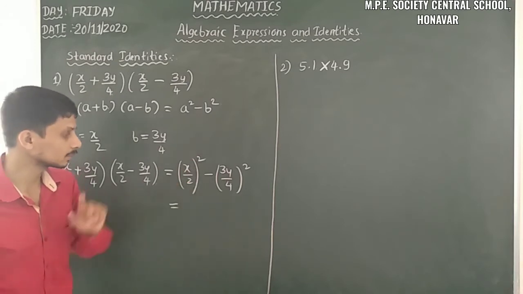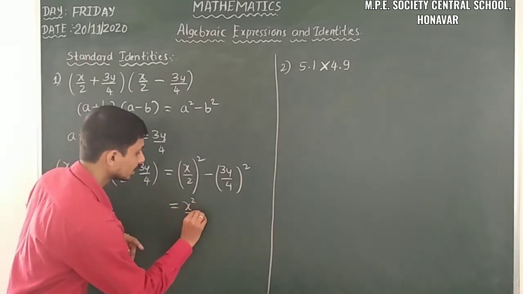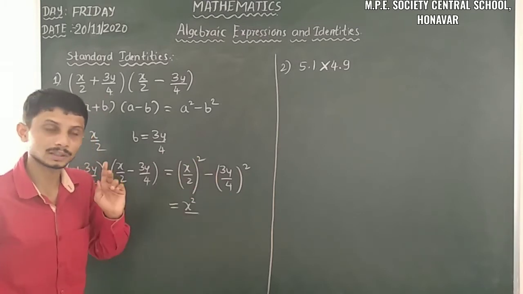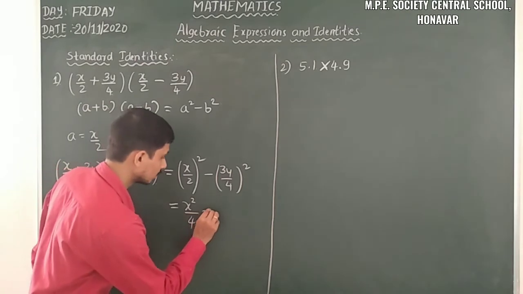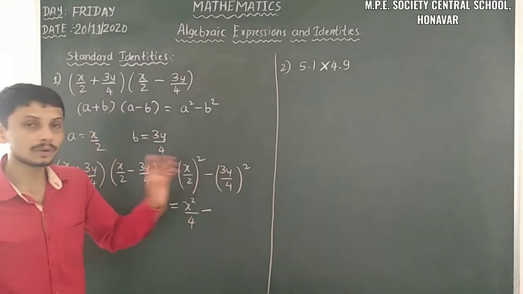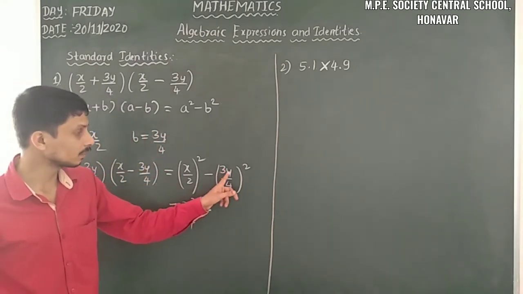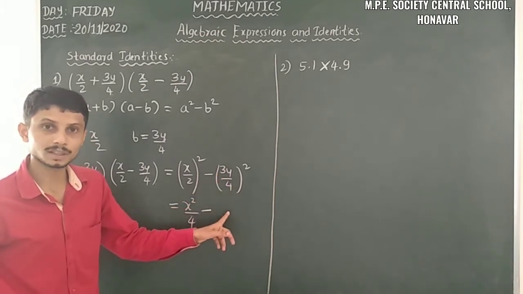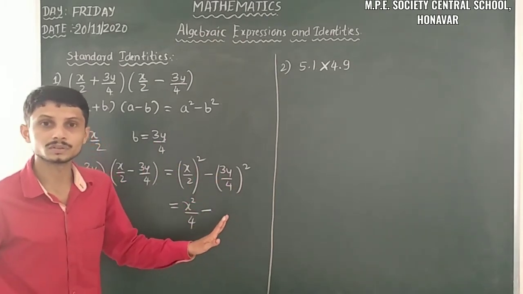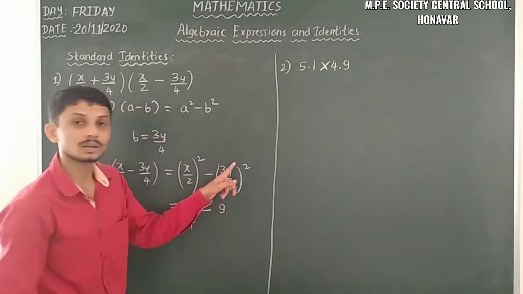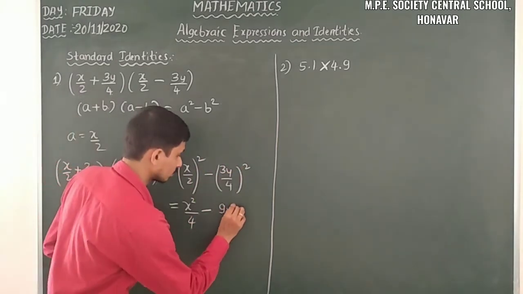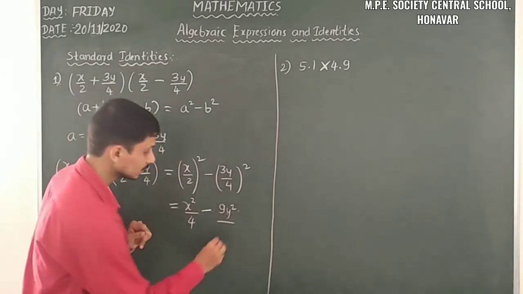Here x square divided by 2 square, since the square belongs to the 2 also. 2 square is 4, then minus 3y by 4 whole square. There are three terms, so we have to substitute individually: 3 square is 9, then y square, divided by 4 square which is 16.